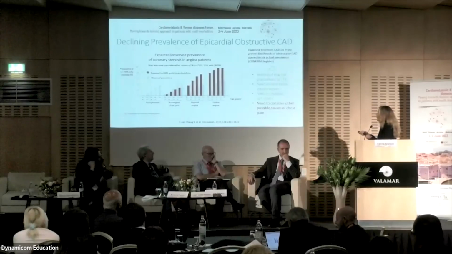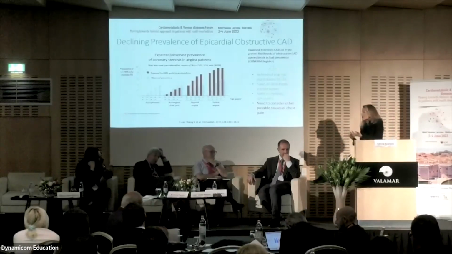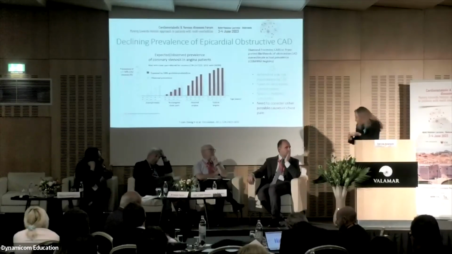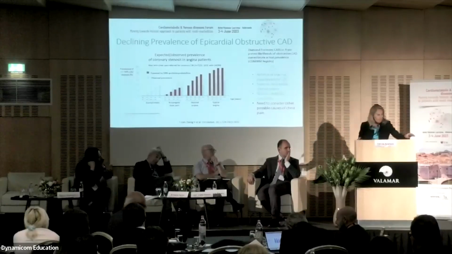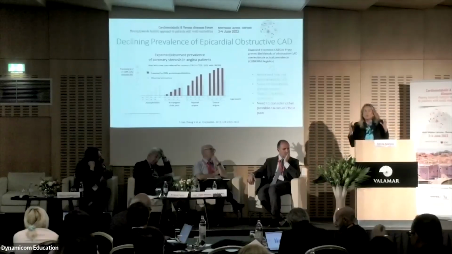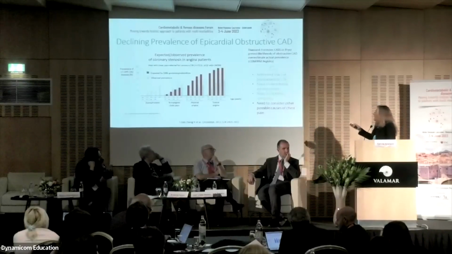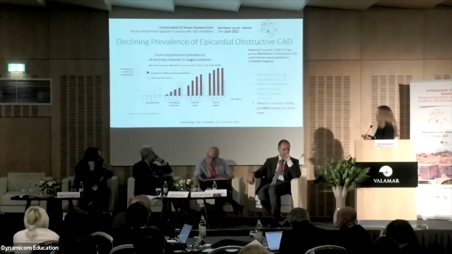But I think we indeed acknowledge that we need to recalibrate these scores, because probably thanks to the effective treatments of hypertension, lipid lowering, antithrombotic drugs, but basically prevention of atherosclerosis, probably in the Western world, obstructive coronary disease is declining, fortunately. And we need to recalibrate the pretest likelihood test for obstructive disease in this sense.